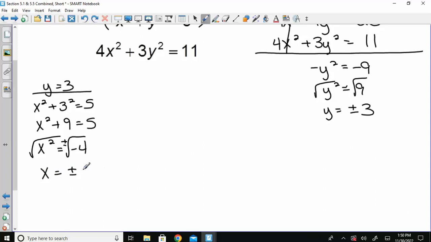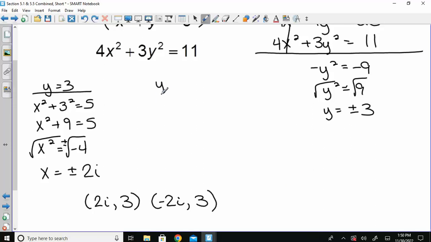Square root plus and minus, what's the square root of negative 4? 2i. You notice I put in one y and I got out 2 different x's. This is 2 different ordered pairs. That means you could have positive 2i and y is positive 3, or x could be negative 2i and y could be positive 3.